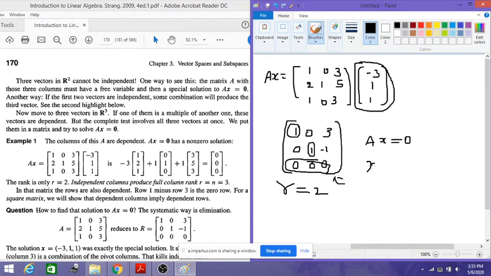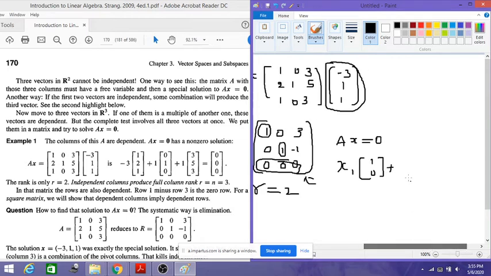Now I can write x1 times 1 0 plus x2 times 0 1, which is equal to minus of 3 and 1. It goes on the right side, so minus of this. So what is the value of x1 and x2 that I'll get?